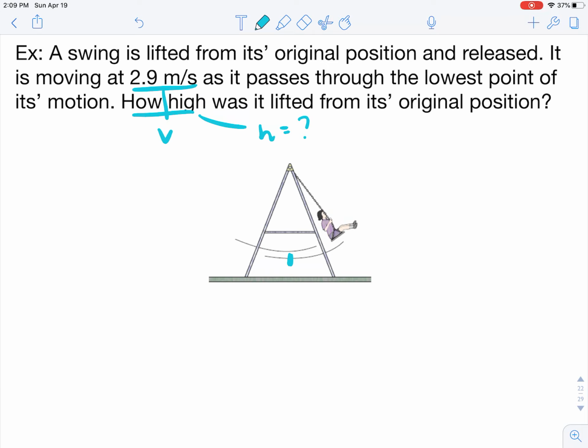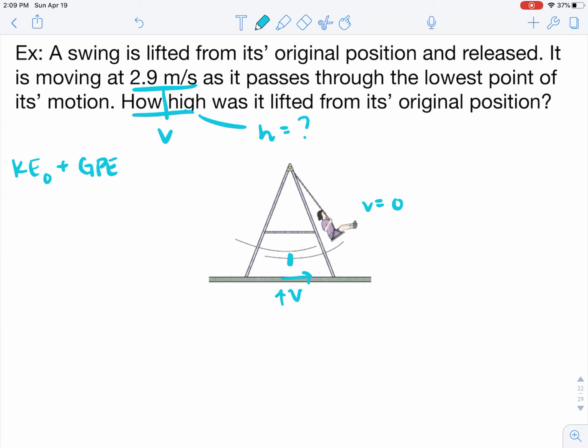So this is like an example of a pendulum, which maybe we've talked about in another video or you've seen in another place. But the object swings back and forth, and I know at the very ends of the motion, the swinger is not moving. At the very lowest point, her height is 0 or smaller than the highest point, but she's probably moving the fastest at that point. So I can use conservation here.